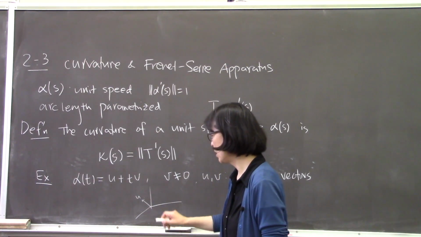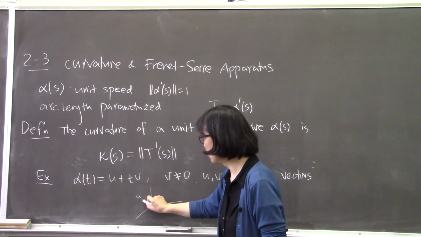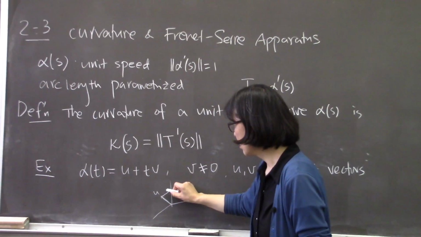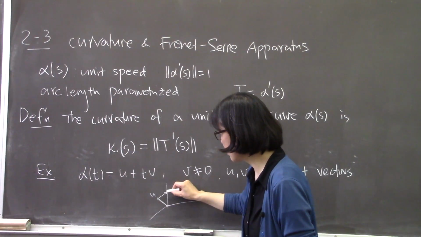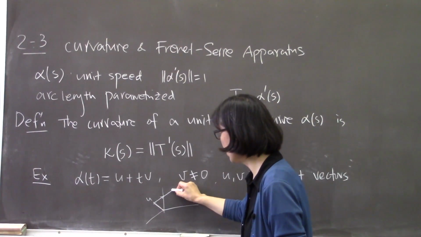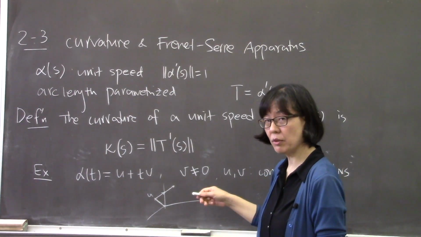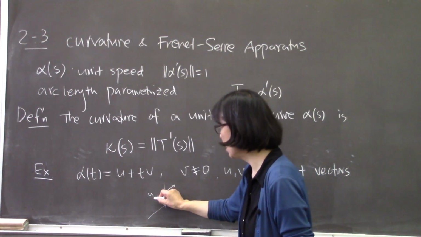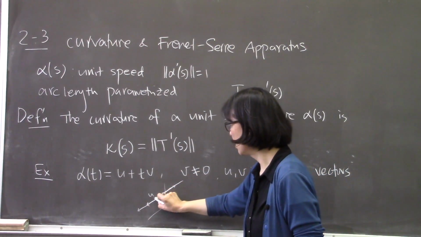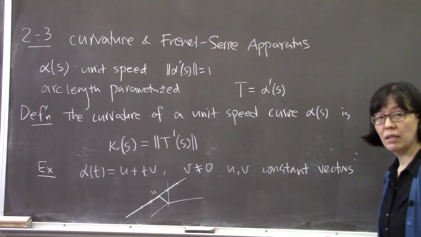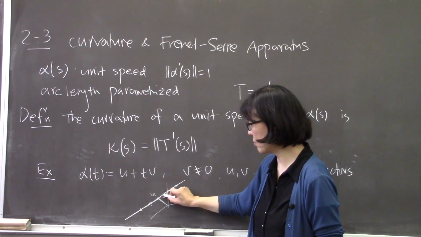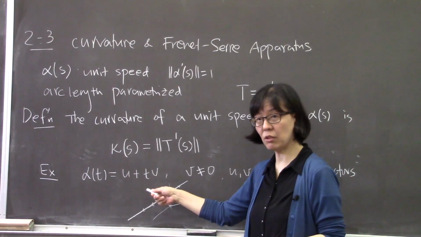Let's say this is u. U plus any constant multiple of the v vector. So u plus v. Let's say this is v, then that will make that point. U plus 2v, then there will be this point. If you take a negative value for t, it generates points in the other direction. So there will be a straight line like that, that goes through the vector u, and the direction vector is v.